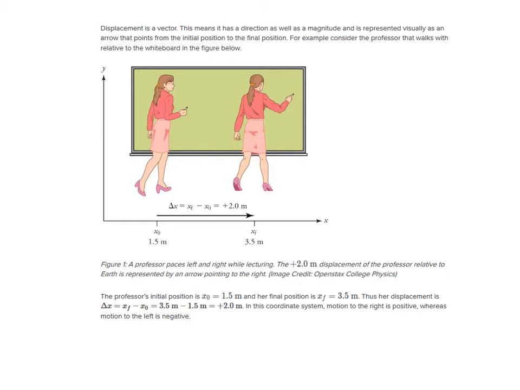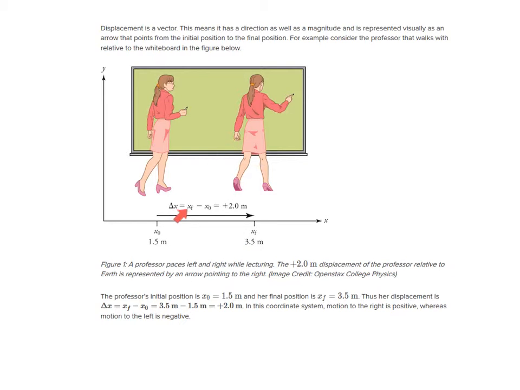Let's look at an example of a somewhat more complicated question. In this question, the starting position is not 0, but 1.5. We are saying that the teacher starts 1.5 meters from the wall and walks to a final distance of 3.5.